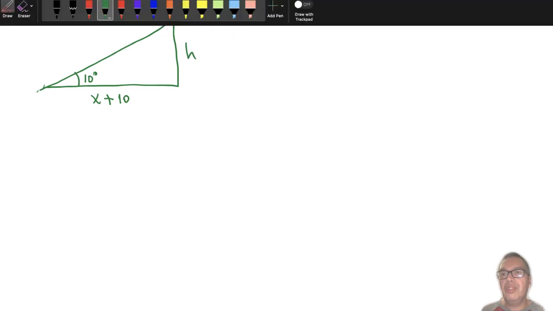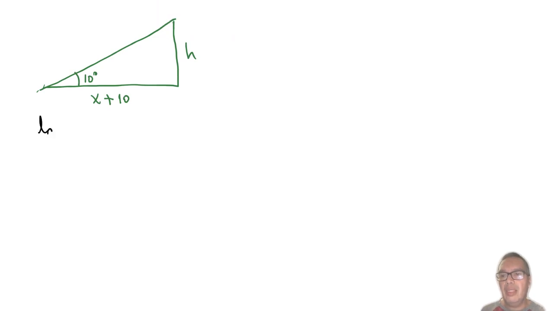Your first triangle, which is wider, but has the same height as the other one, has legs h and x plus 10, and its angle is 10 degrees. Therefore, the tangent of 10 degrees is equal to opposite h over x plus 10.